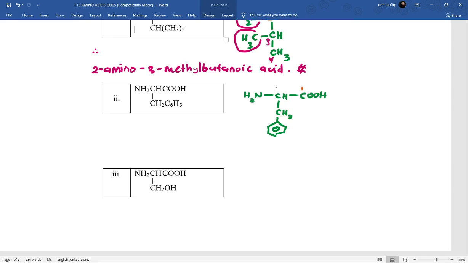So this carbon is number 1, number 2, number 3. This one is our substituent. So the name will be 2-amino 3-phenyl propanoic acid.